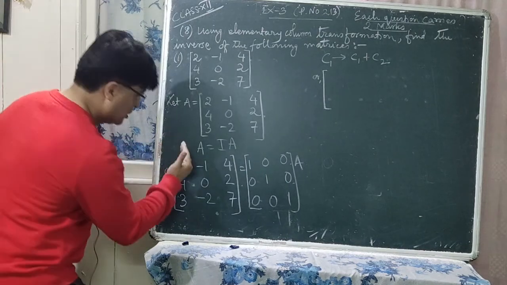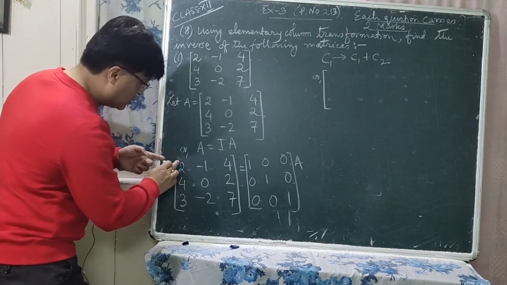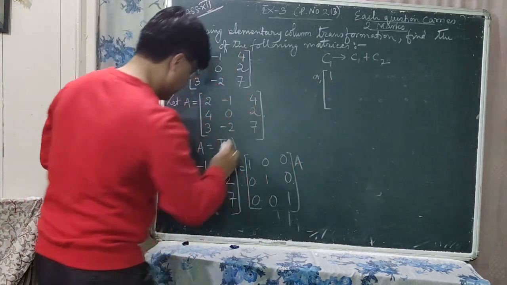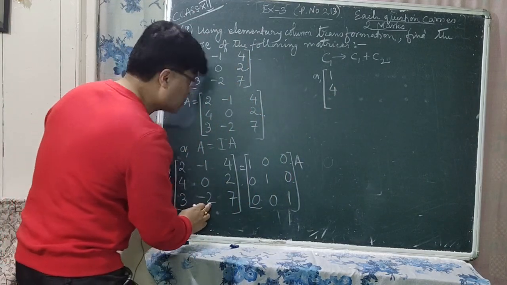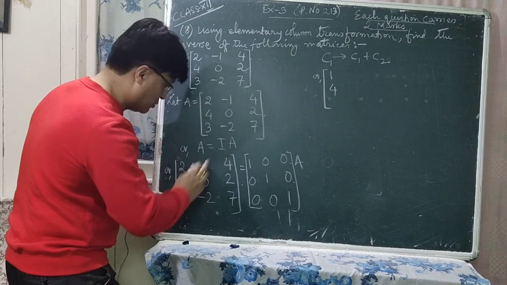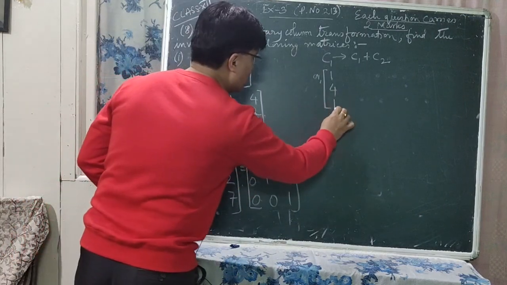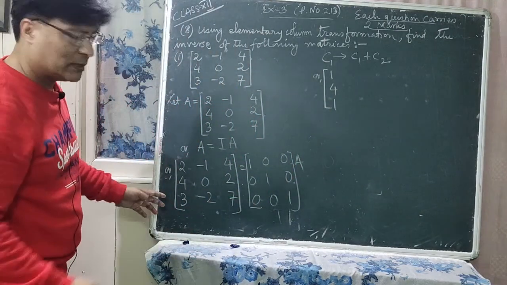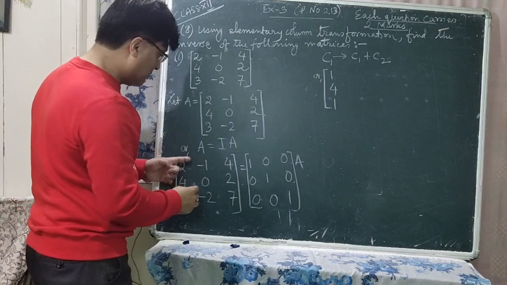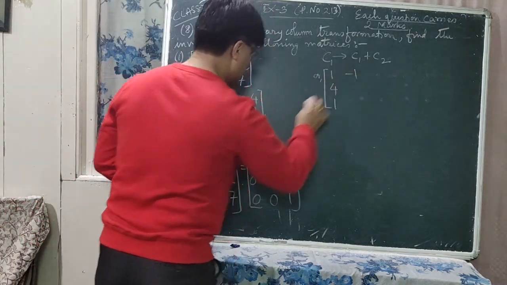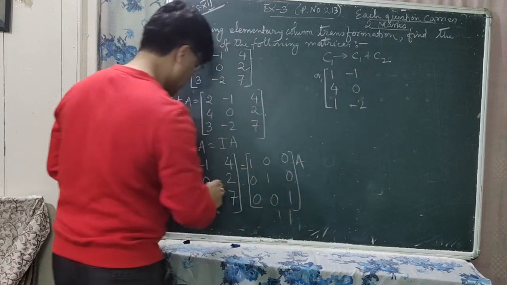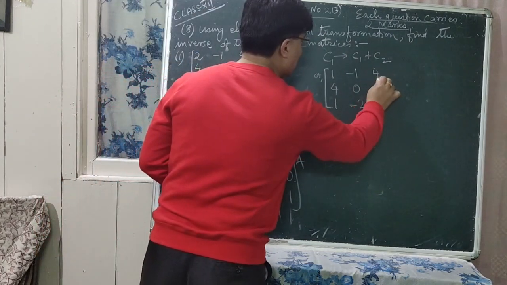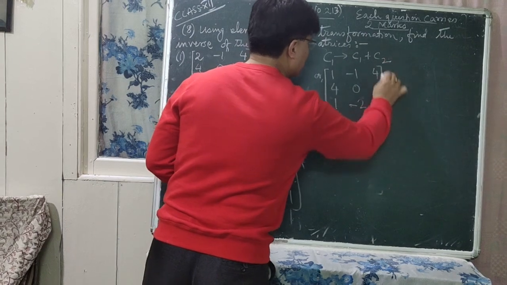C1 plus C2. 2 minus 1 is 1. 4 plus 0 is 4. 3 minus 2 is 1 here, right? So the second column and third column remain the same. This is minus 1, 0, minus 2, then comes 4, 2, 7.